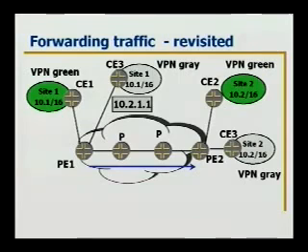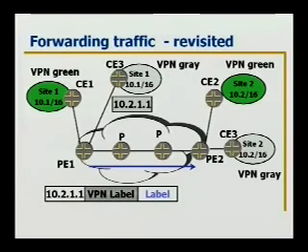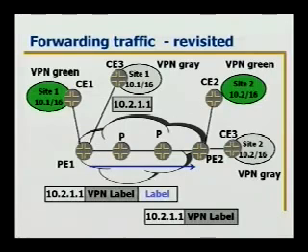PE1 would figure out that this packet belongs to VPN gray based on the interface on which the packet arrived, would put a two-label stack on the packet, a VPN gray label, and then the label that's appropriate for the label switch path between PE1 and PE2. The packet would arrive at PE2 with a VPN gray label, and PE2 would have no trouble sending it to the correct CE3 in VPN gray.